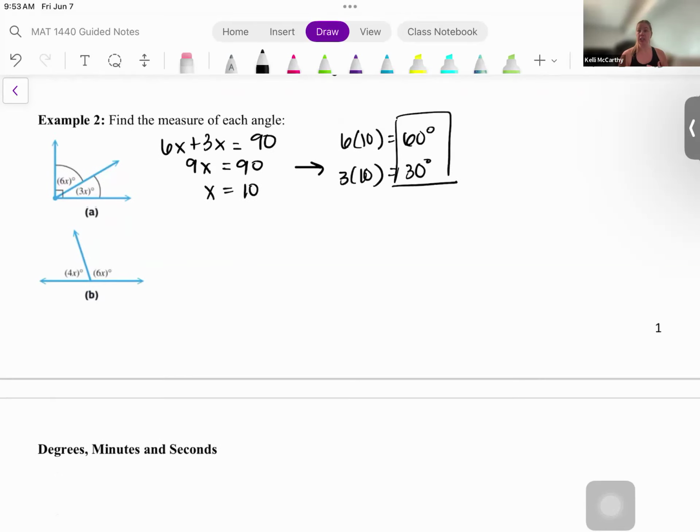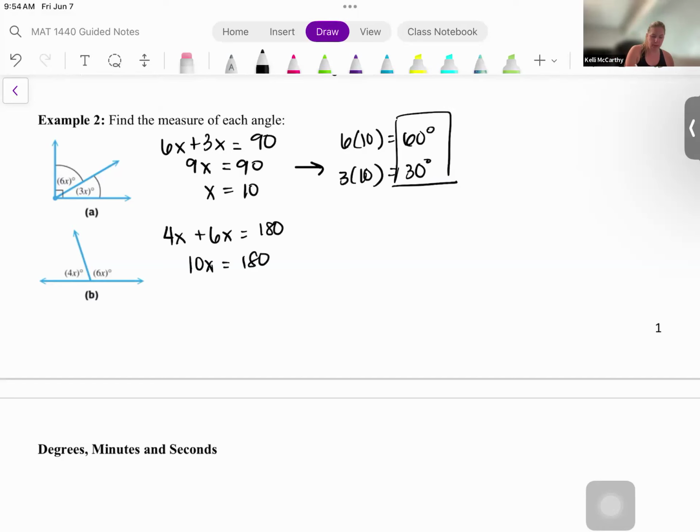In our next illustration, we see that those two angles form a straight line, making it a straight angle, meaning they're supplementary. If they're supplementary, that means the two angles sum to 180 degrees. Again, we'll solve this equation for x and then use it to find the values of the two angles from the picture. 4x plus 6x is 10x, which equals 180.